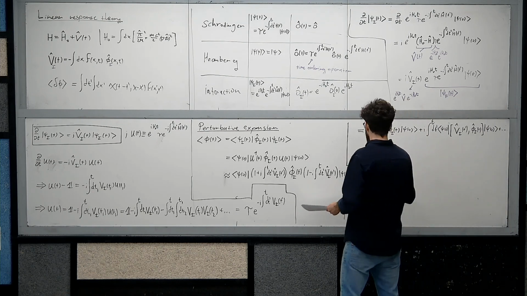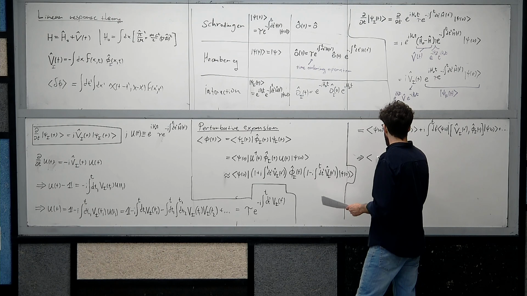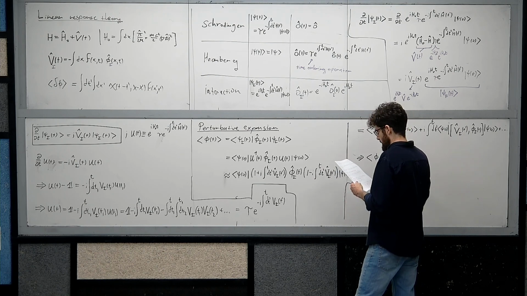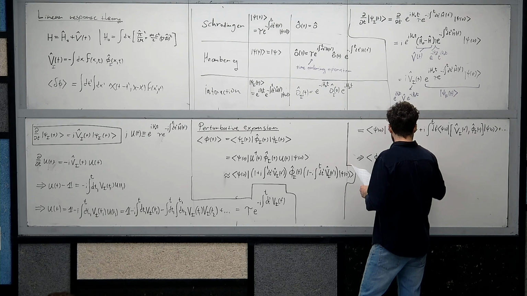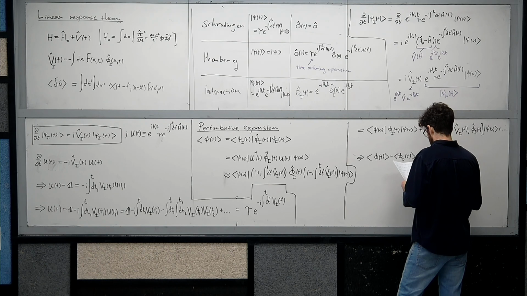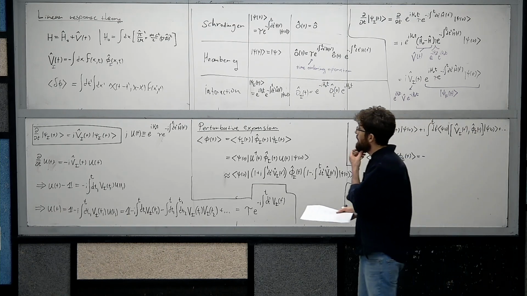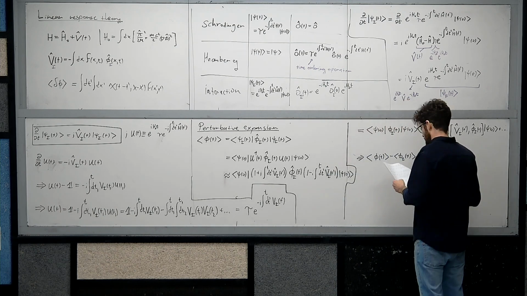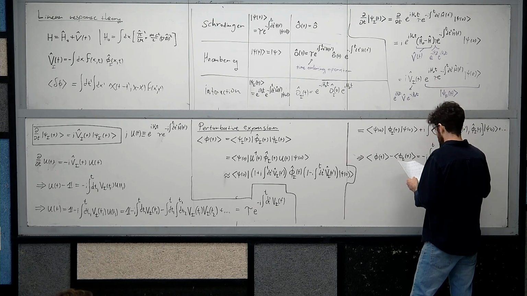So that means that phi of t minus phi_I of t is equal to minus i, the integral up to t, t2 prime, integral dx prime.